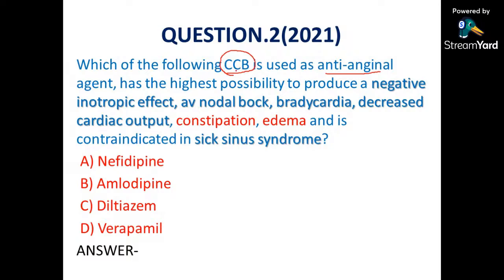Which of the following calcium channel blockers is used as an anti-anginal agent, which has the highest possibility to produce negative inotropic effect, AV nodal block or decreased AV conduction velocity, and which causes bradycardia and decreased cardiac output? So these all actions are associated with the heart.